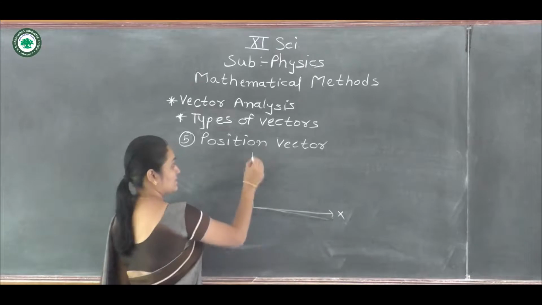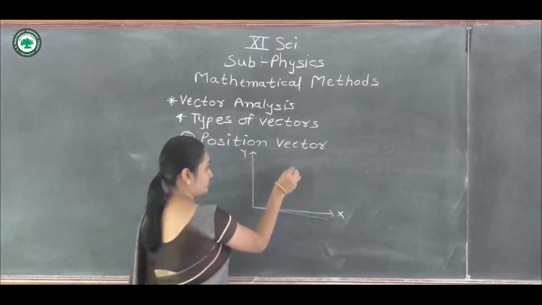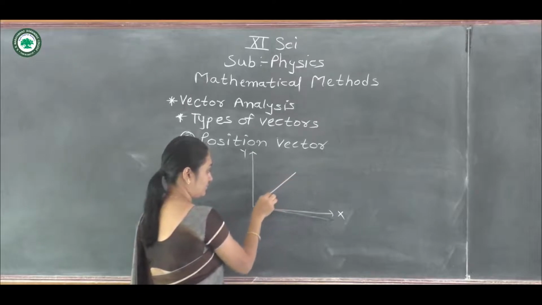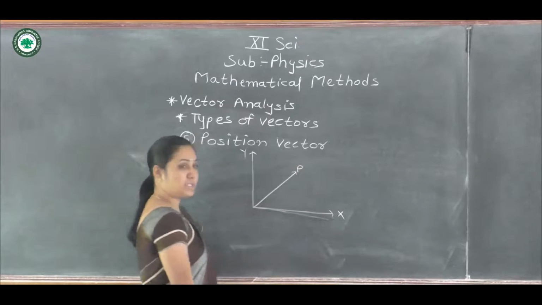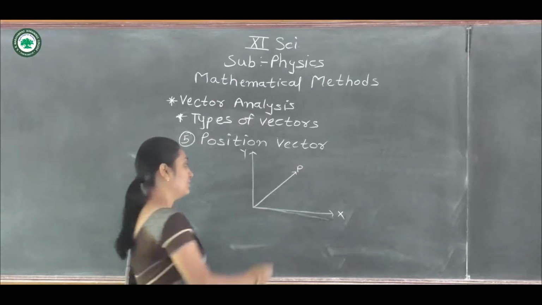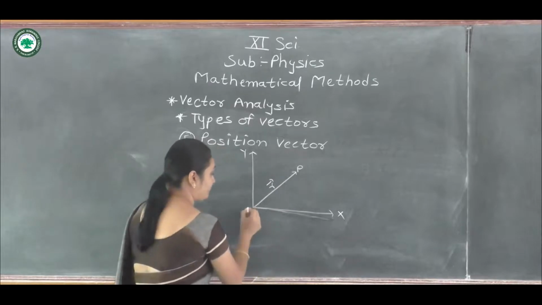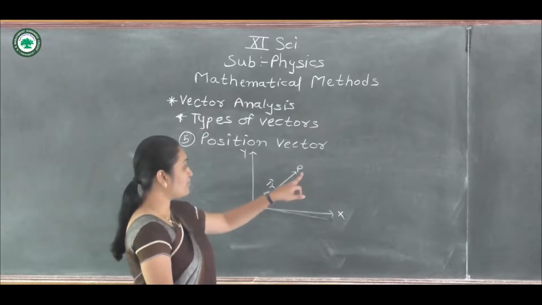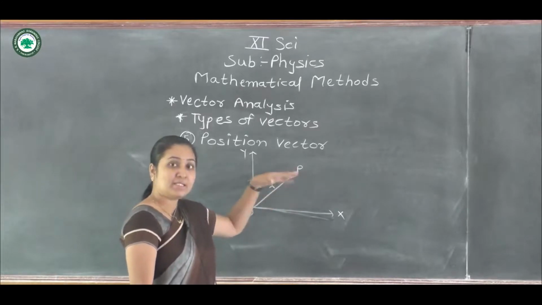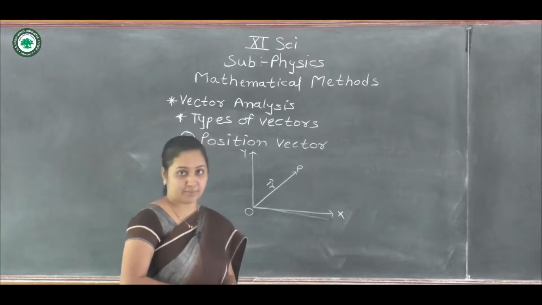This is the x-axis, this is the y-axis, this is P, this is R bar, and this is the origin O. Now this P is a position vector.